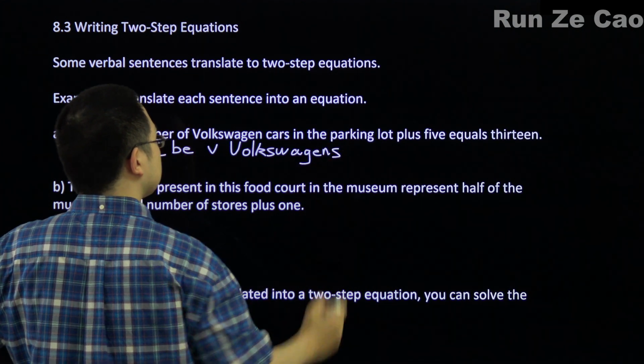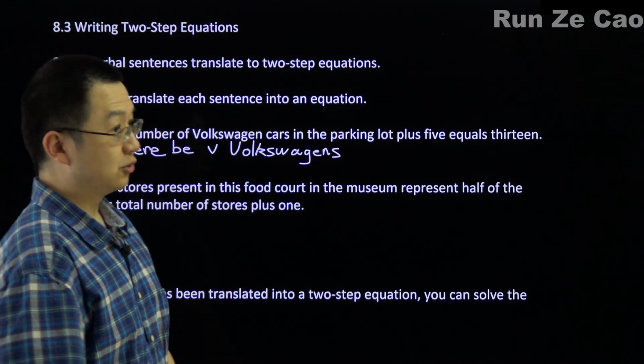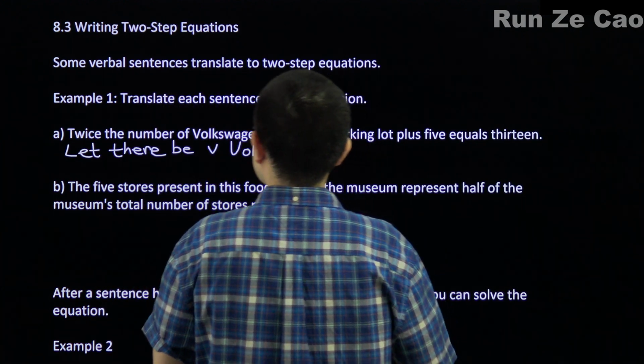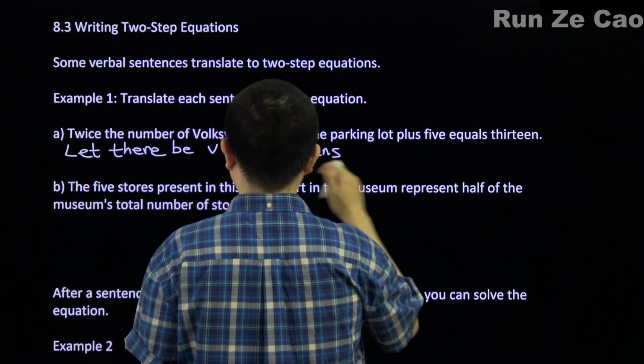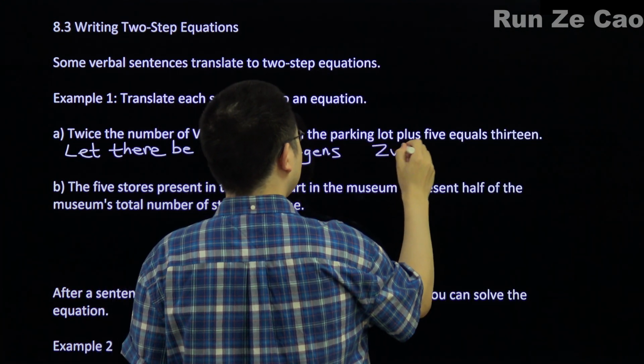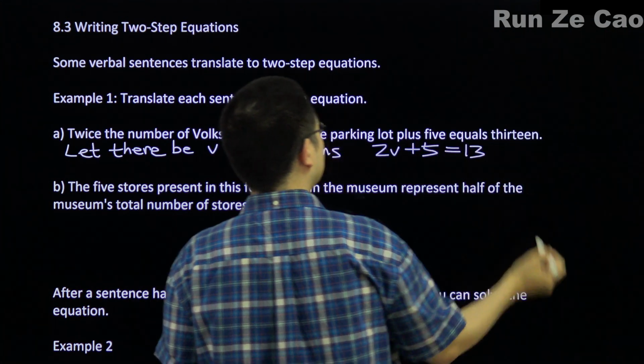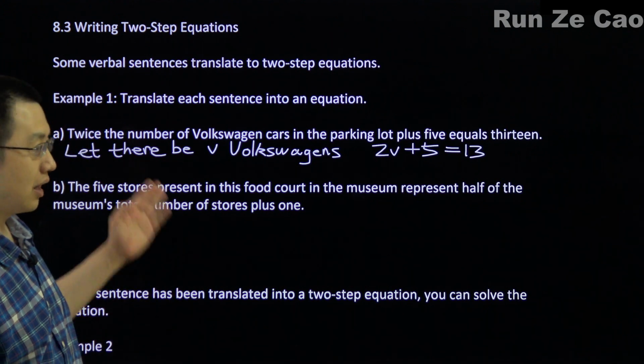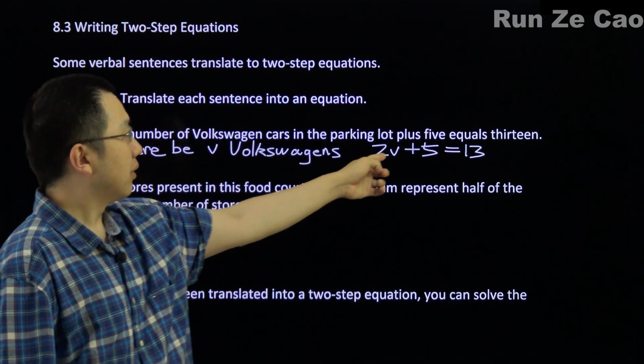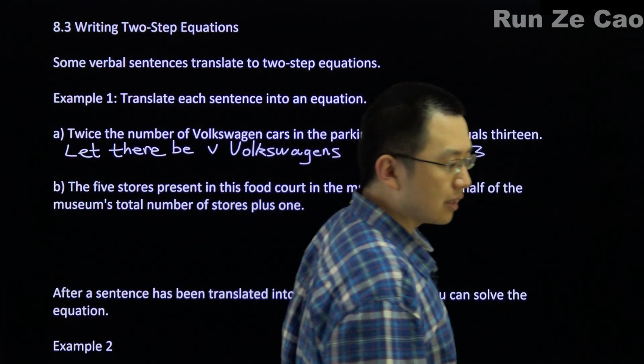Okay. Seems like a reasonable letter to choose, in my opinion. So, you find 2V plus 5 equals 13. Twice the number of Volkswagens plus 5 equals 13.